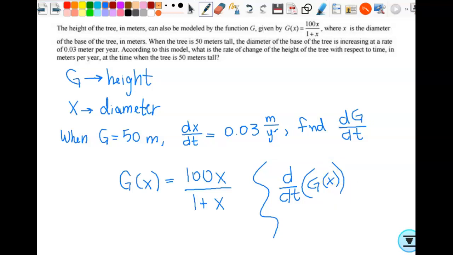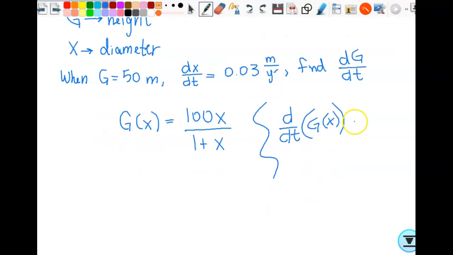All right, remember chain rule? When we do chain rule, we take the derivative of the outside, leave the inside alone, times the derivative of the inside. So I would say g prime of x, times the derivative of the inside with respect to t.